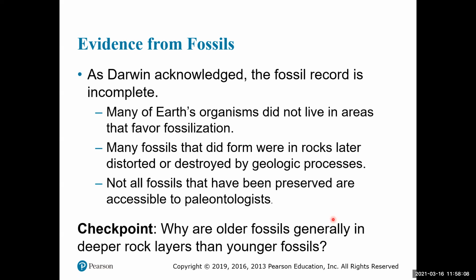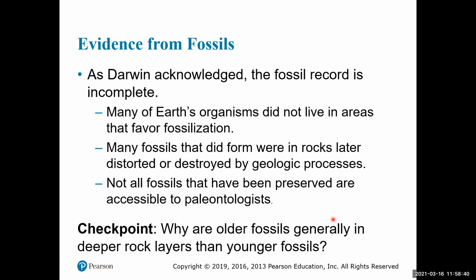And then also, not all fossils that are preserved are accessible. There are fossils that are probably really deep down that we just don't have access to. We rely on geological forces to push some of these rock features and rock layers upwards to the surface of the Earth so that we can access those fossils. Erosion helps us to access fossils.